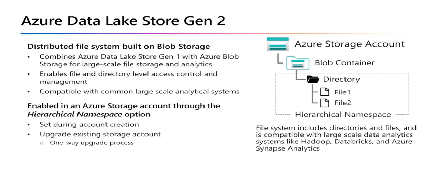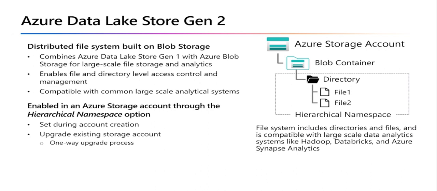Systems like Hadoop in Azure HDInsight, Azure Databricks, and Azure Synapse Analytics can mount a distributed file system hosted in Azure Data Lake Storage Gen 2 and use it to process huge volumes of data. To create an Azure Data Lake Storage Gen 2 file system, you must enable the hierarchical namespace option of an Azure storage account.